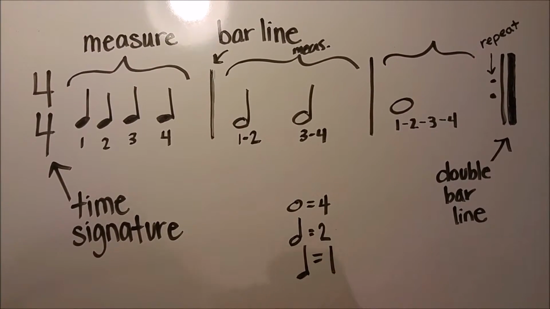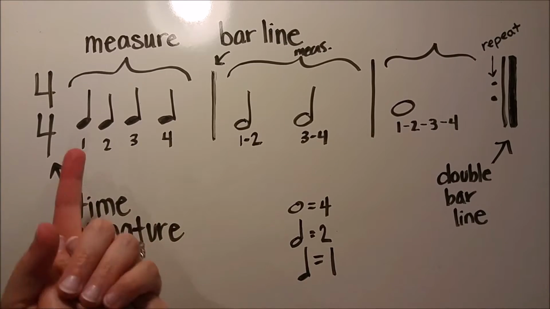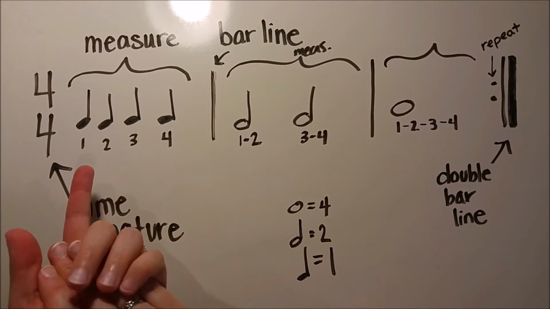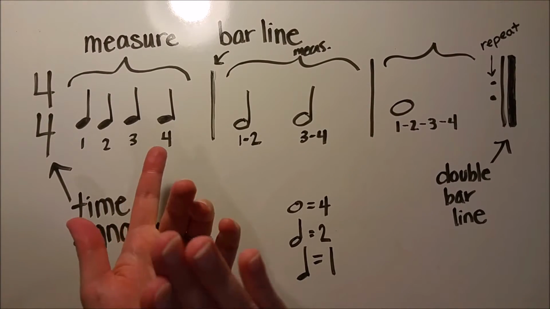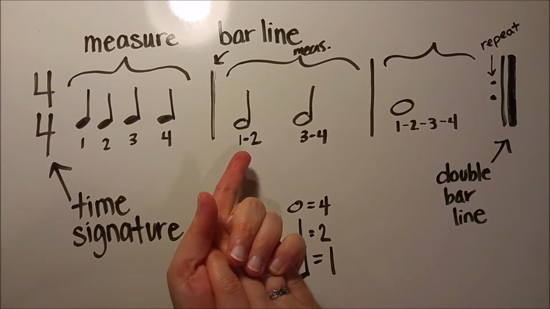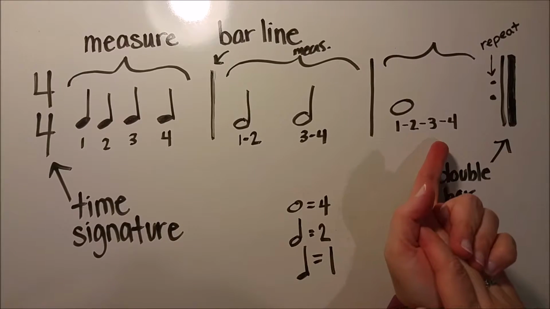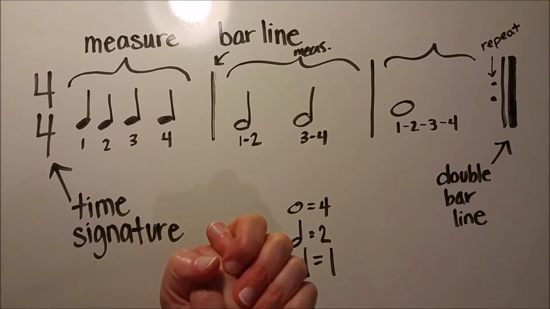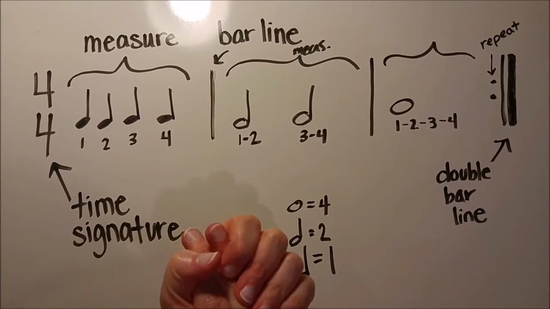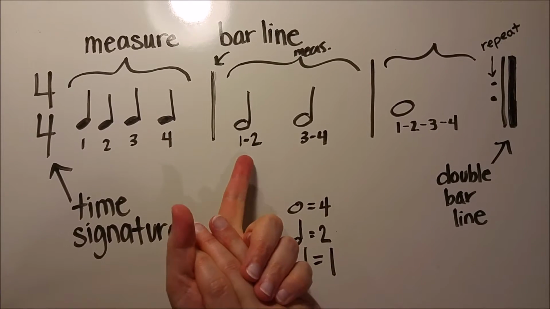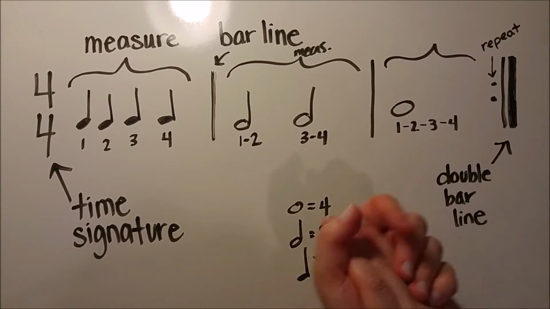So if we were going to clap and count this, we would get 1, 2, 3, 4. 1, 2, 3, 4. 1, 2, 3, 4. Note, I held my hands together for these longer notes, right?